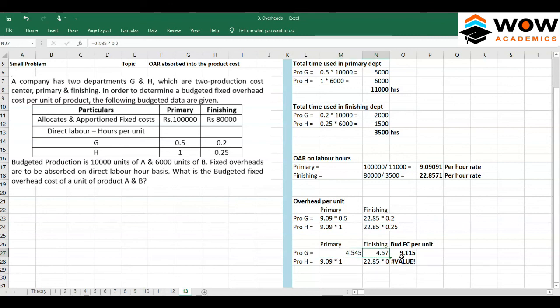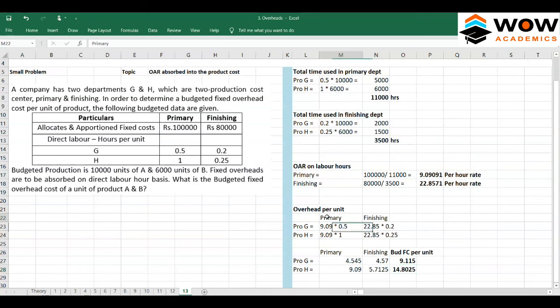So totally the overhead cost per unit is 9.1. So let's find out for primary. Okay, so H incurs a cost of 14.8 per unit. Okay, so this is about the sum.